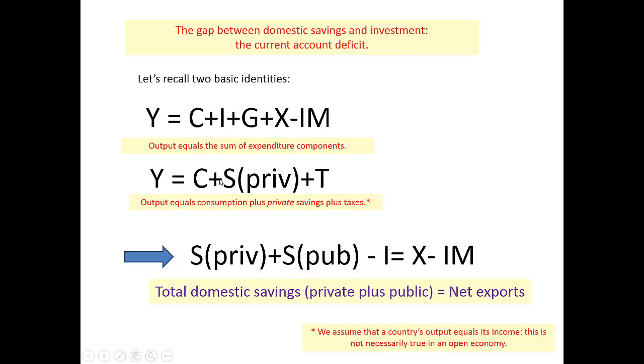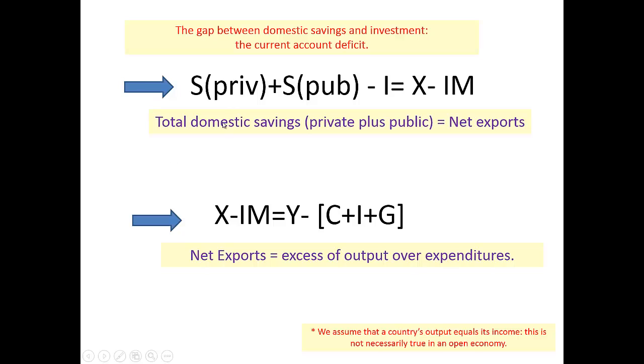You can verify that if we put these two equations together and solve, we get an equation that private savings plus public savings, total domestic savings, minus investment, is equal to exports minus imports. So we often say that the savings investment balance by definition is equal to the difference between exports and imports. The savings investment balance in this simple model is equal to net exports.